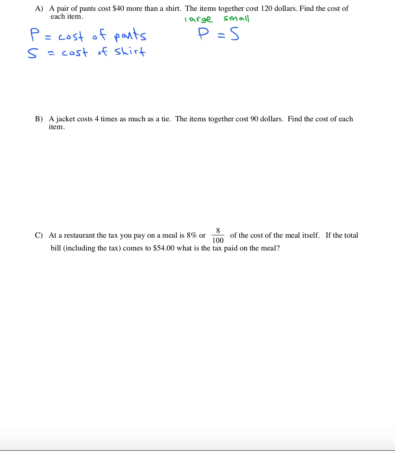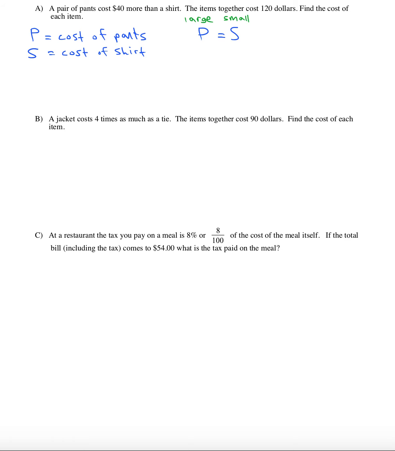The pants cost more according to the wording. But we can't have an equation where one side is bigger than the other. We have to make a true equation where both sides are equal. So we want to modify one of the sides to make it big enough that it matches the other side.